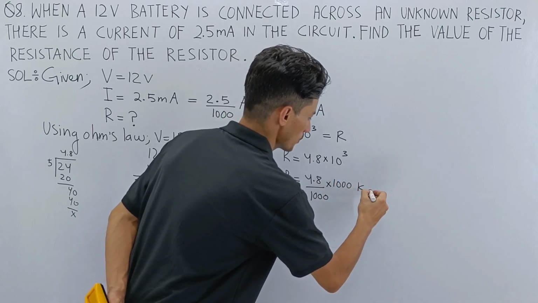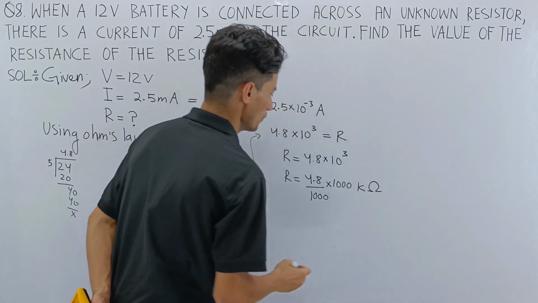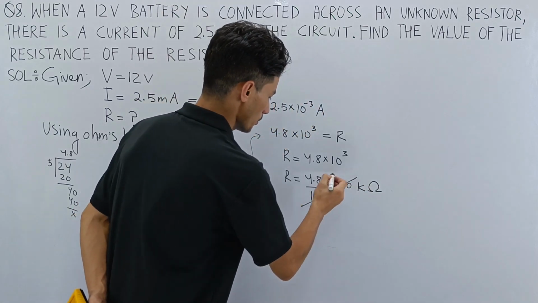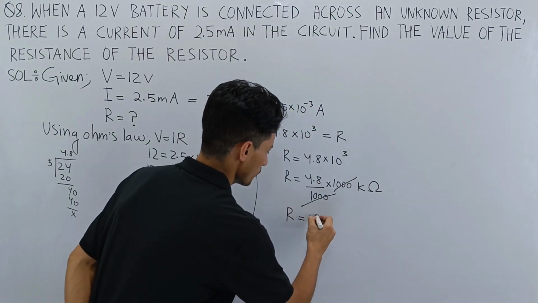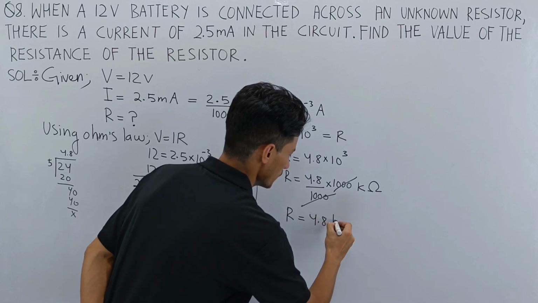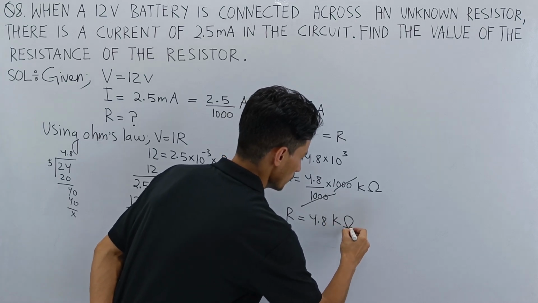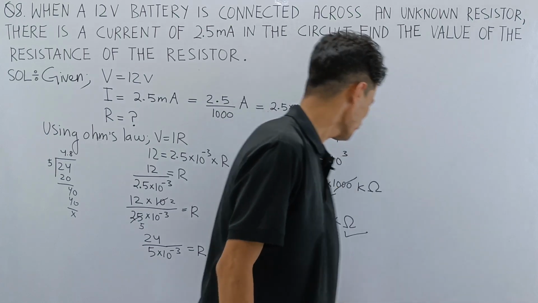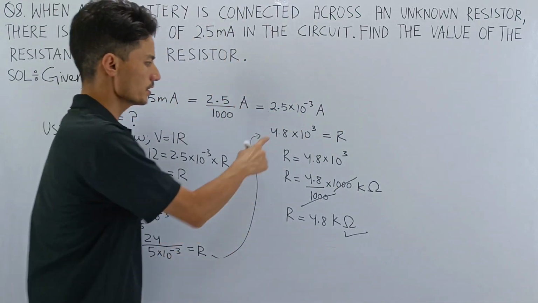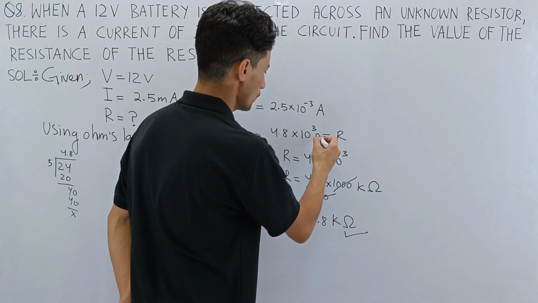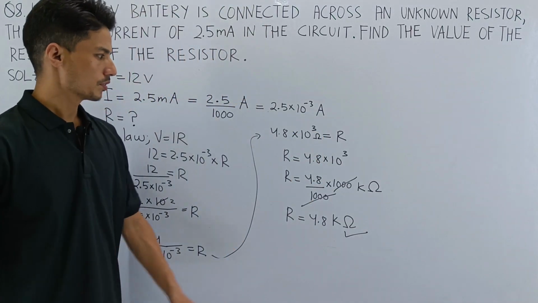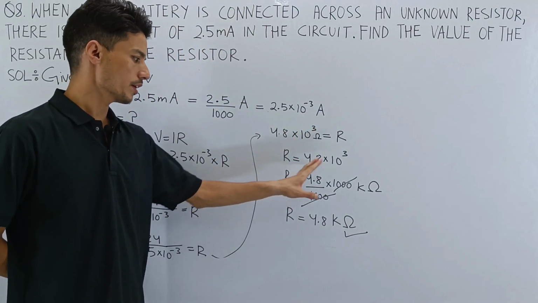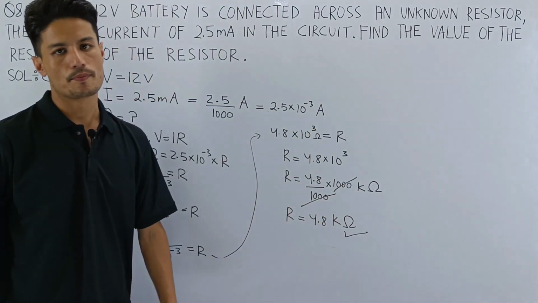So this is now in kilo ohm. So this goes away, so R value is 4.8 kilo ohm. This is the answer. Till this much, this is in ohm only, but we want to remove this 10 to the power 3, so we are converting it to kilo ohm.